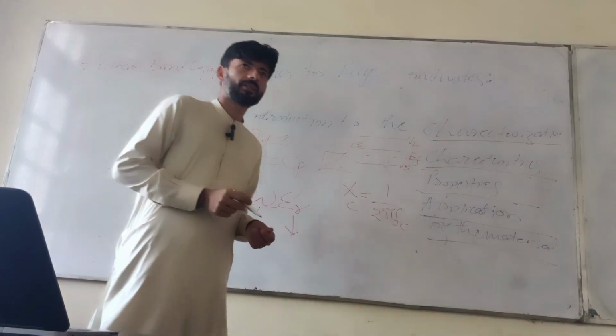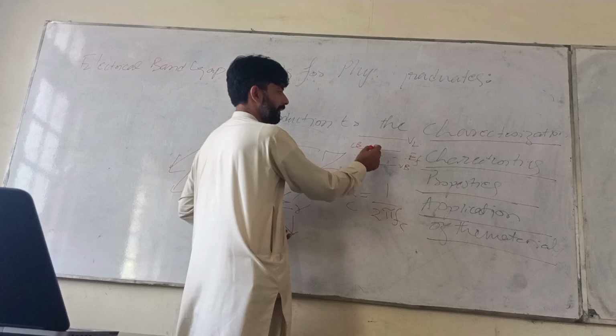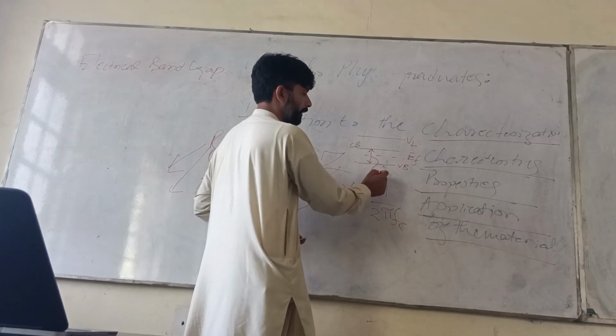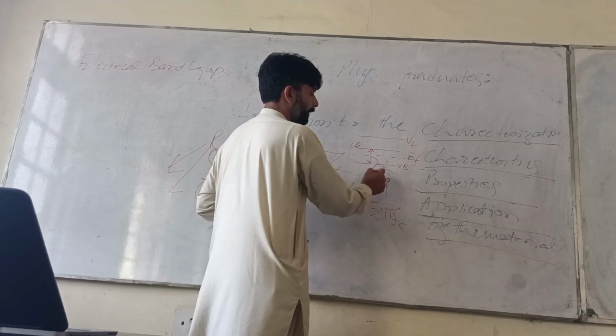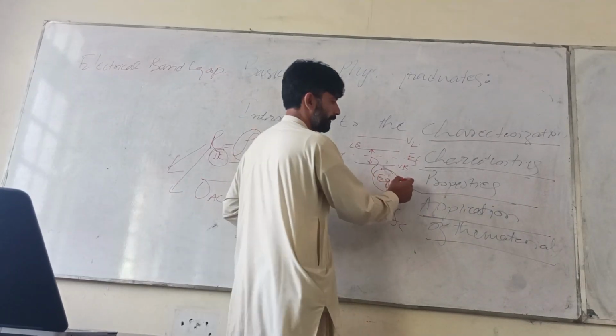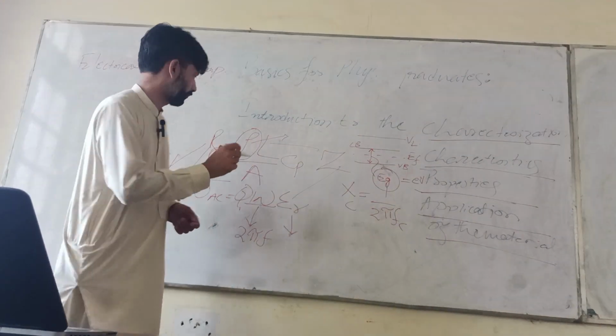So the energy difference between the valence band and the conduction band is the band gap. It is defined in electron volts. And you know what an electron volt is?